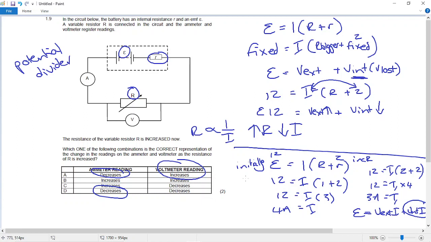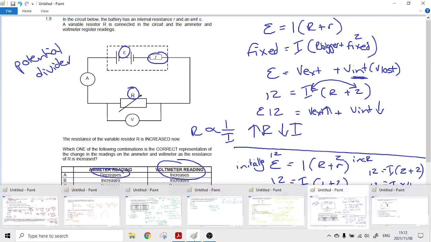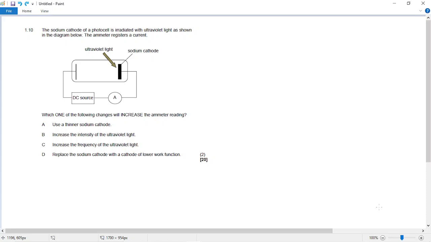So it works out that the voltmeter reading will also increase. If you're still confused, pause the video and do it with your own numbers, and you will find out it is always true.